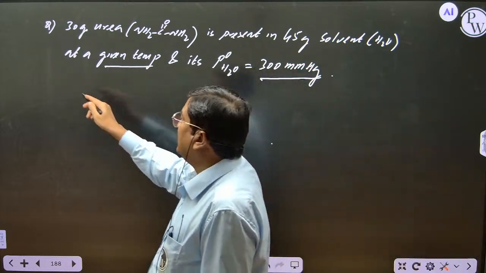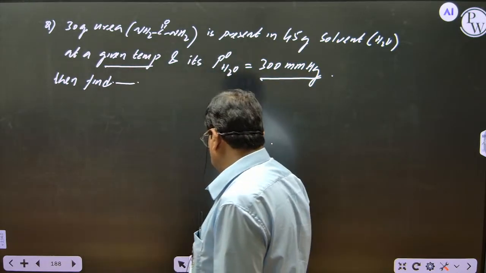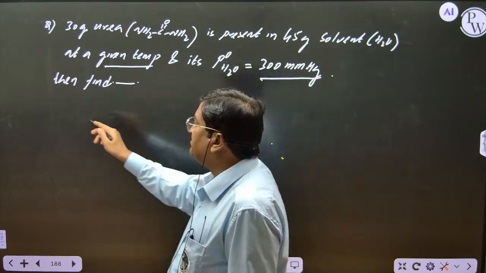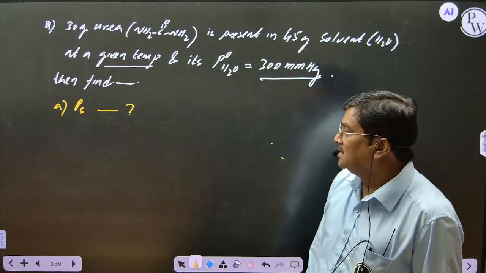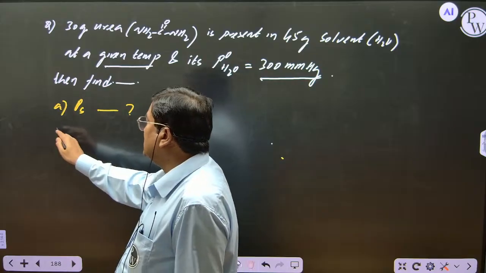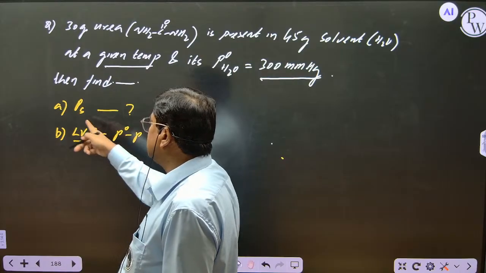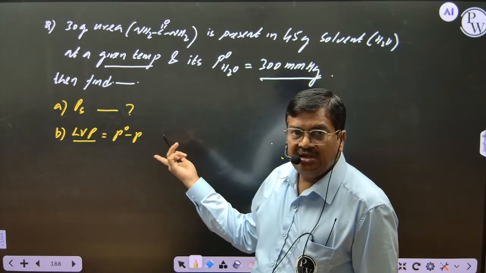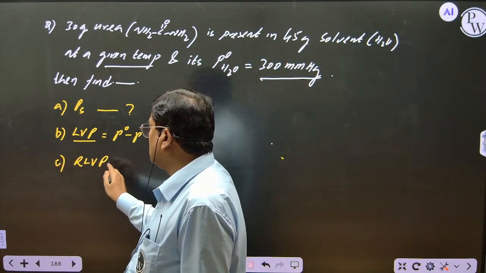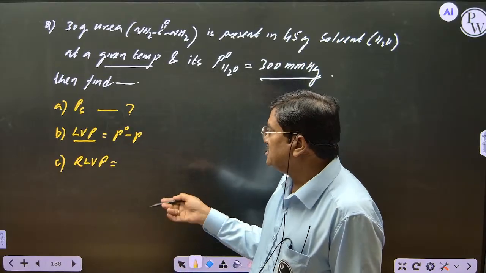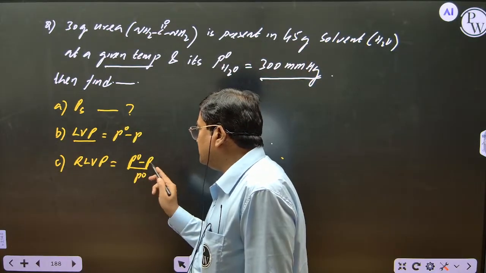Then find, I want 6 parts from this. First part, I want the vapor pressure of solution, that is PS. Second part, I want LVP. What is LVP? P naught minus P. Once I get PS, we can get LVP. The third part, I want RLVP. What is RLVP? Just now we studied the ratio, that is LVP, after getting this, P naught minus P by P naught we have to find.